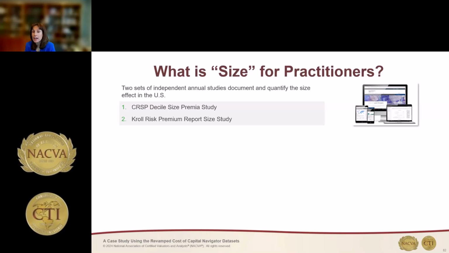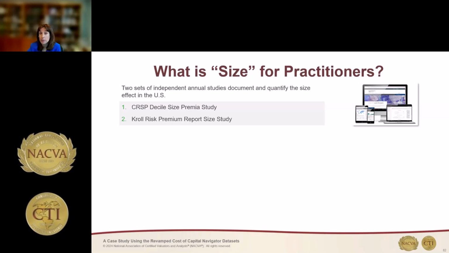And the other one is the Kroll risk premium report size study, which really was something that Roger Grabowski had started when he was still at PW, so Pricewaterhouse, with back then a research director called David King, and they started that study at Pricewaterhouse, and then they continued it in PricewaterhouseCoopers, and then Standard & Poor's, and it became the Duff and Phelps risk premium report study. Now it's Kroll, but this was a long time ago.